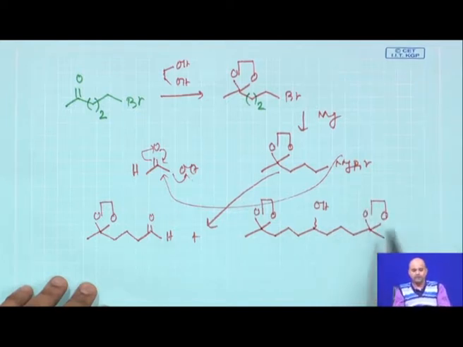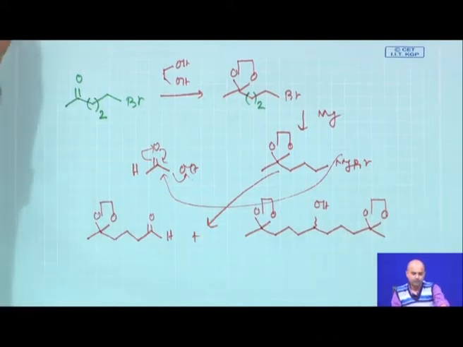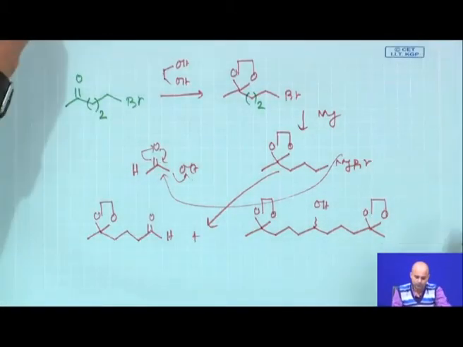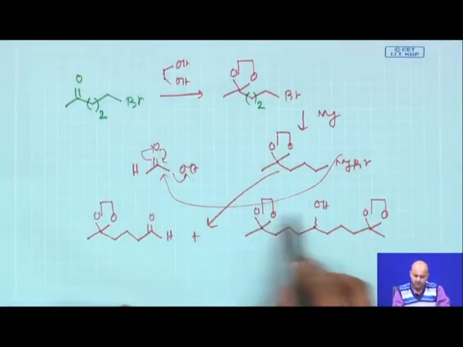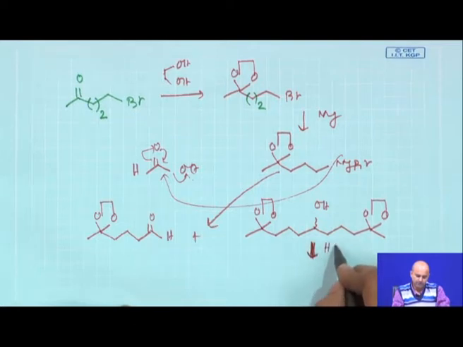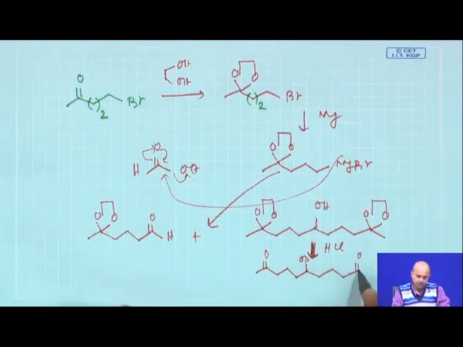this. Now see, this intermediate which you are talking about is almost arrived. Only thing is you need to demask this ketal group. So just treat with HCl. So basically you get CH3CO, CH2, CH2, CH2, put an OH here, and then C double bond O CH3.